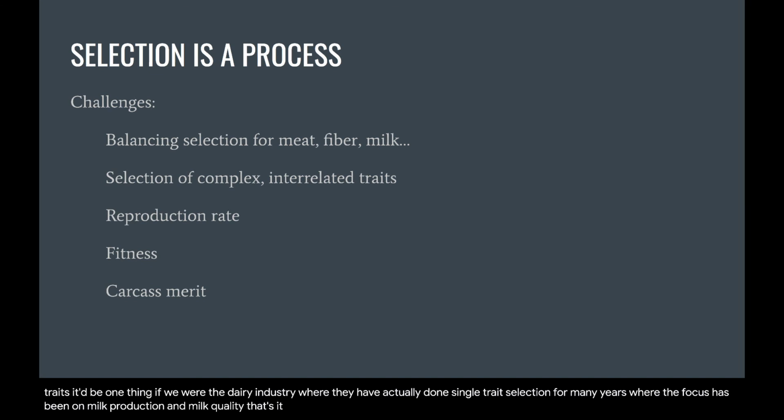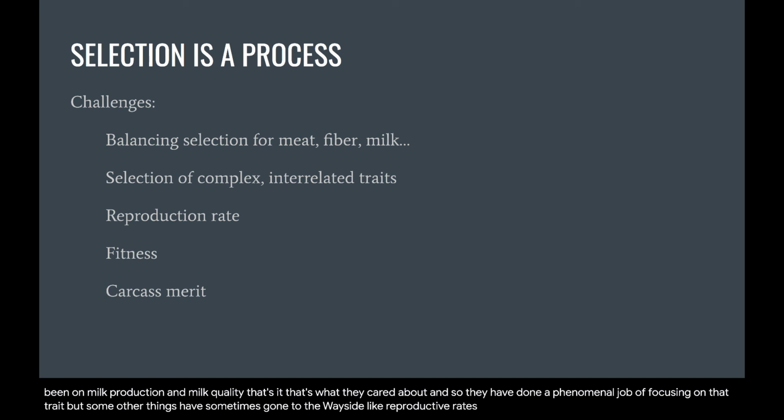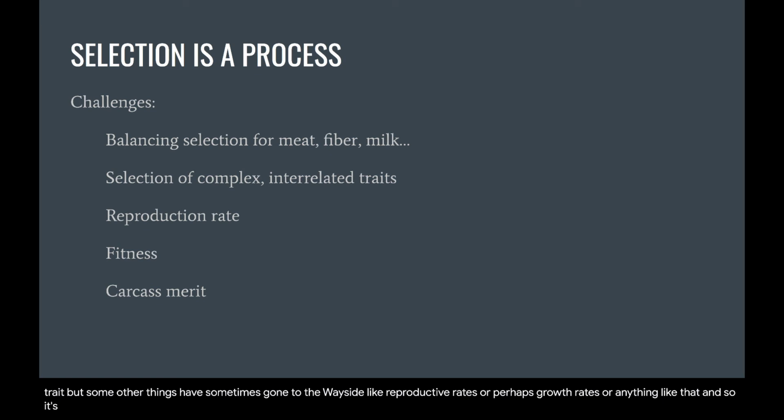That's it. That's what they've cared about. And so they have done a phenomenal job of focusing on that trait. But some other things have sometimes gone to the wayside, like reproductive rates or perhaps growth rates or anything like that. And so it's how do you balance all of these things in a selection program?